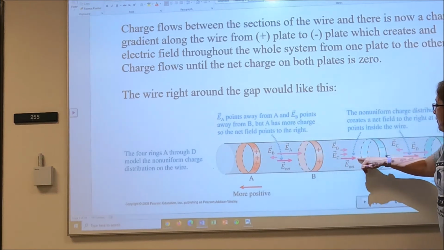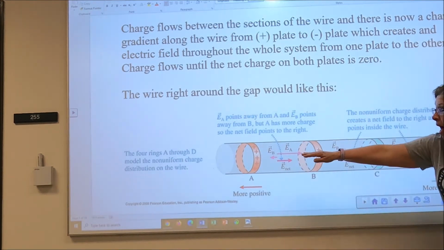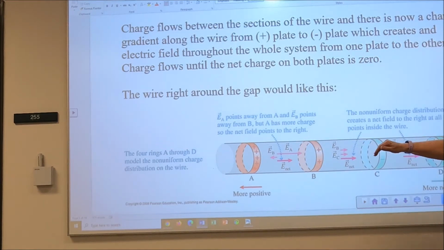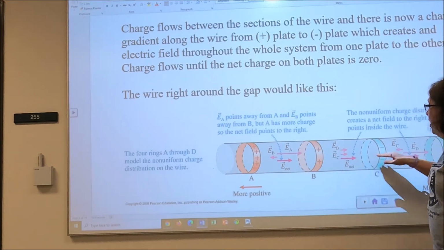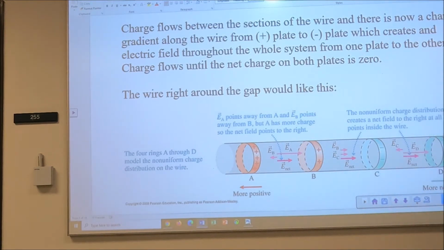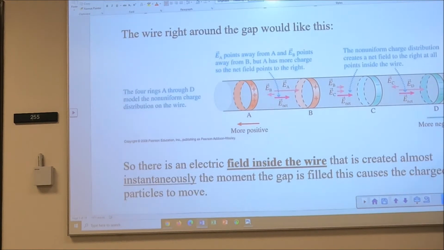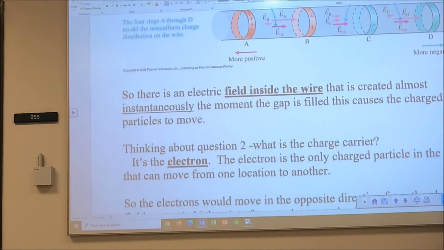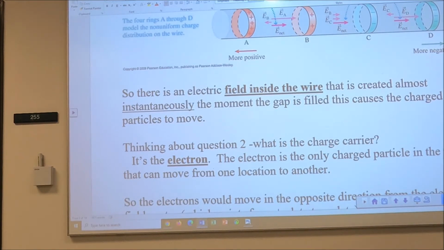The net electric field is going to point from higher positive charge to higher negative charge. Okay? And that's going to push all of the electrons inside the wire. So once I connect that little section up, there's going to be an electric field inside the wire created essentially almost instantaneously the moment the gap is filled.